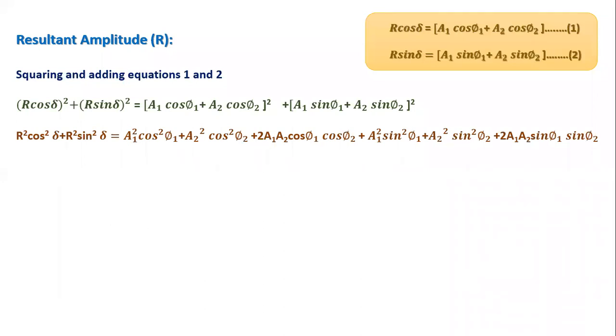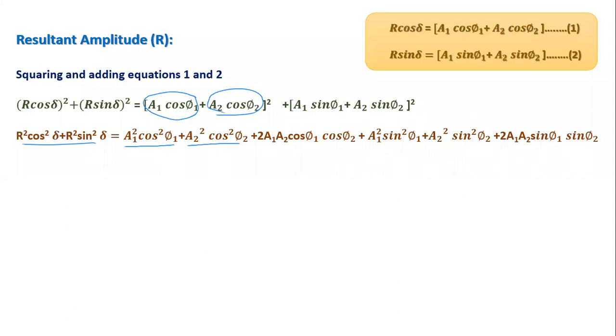Now after that, here we get r square cos square delta plus r square sin square delta, this term. Then on this side, we get a1 square cos square phi 1, meaning this term square, plus the second term square, a2 square cos square phi 2.